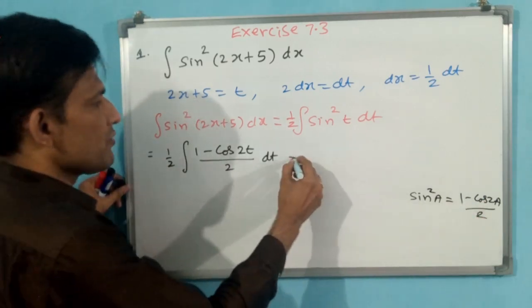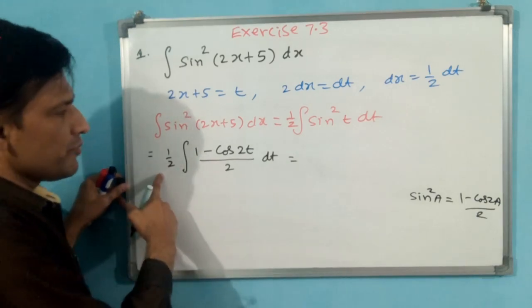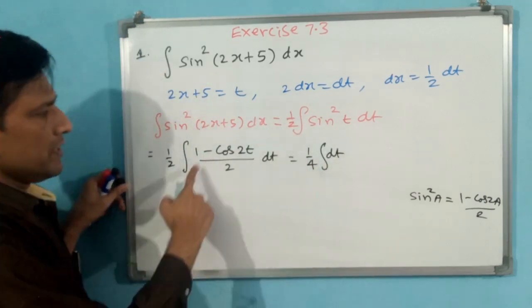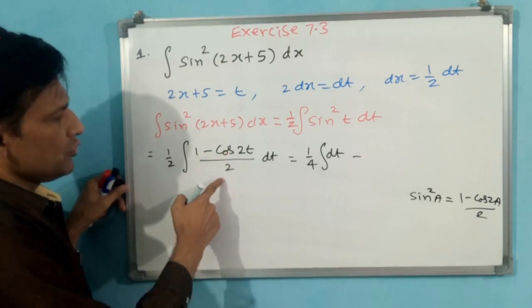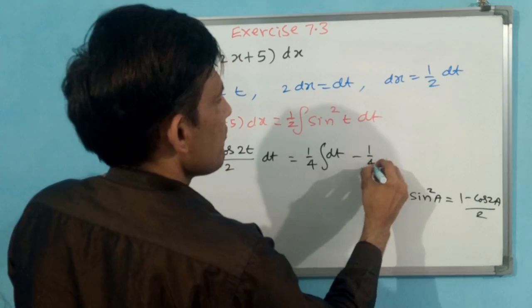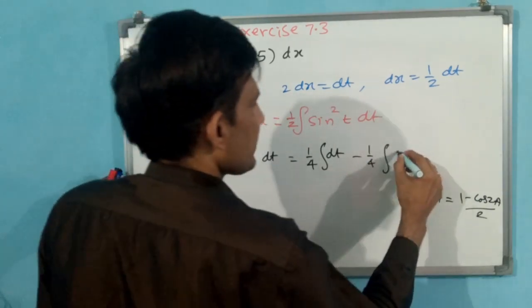Now you see what I am doing here. 1 by 2 I am taking out, that means 1 by 4 it is going to become, already 1 by 4 integral dt. Okay, minus again 1 by 4 will come. Why? Because this 2 is for cos also, and already 1 by 2 is there. 1 by 4 integral cos 2t dt.